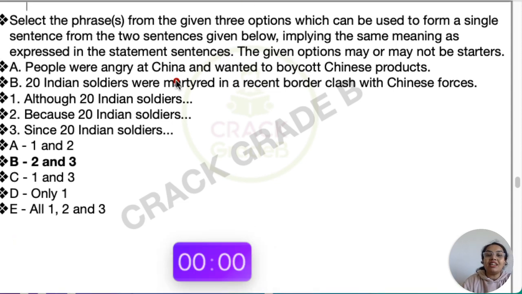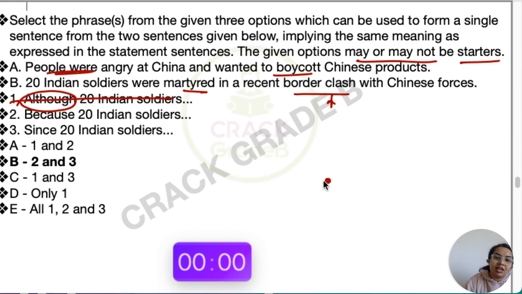People were angry at China and wanted to boycott Chinese products. 20 Indian soldiers martyred in the region. Of course, even if you don't read the options, you know that's the reason why people are angry. So although, which is used for contrast, has no use in this case, because and since again you can use them as starters or somewhere in between.